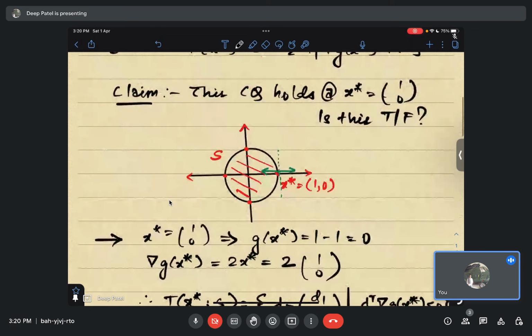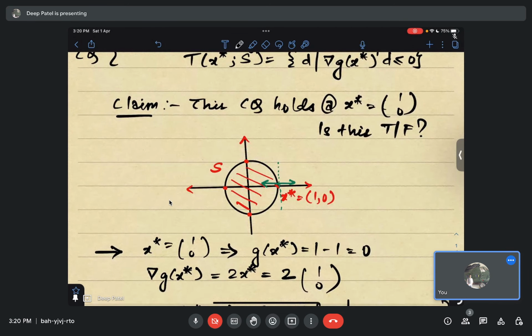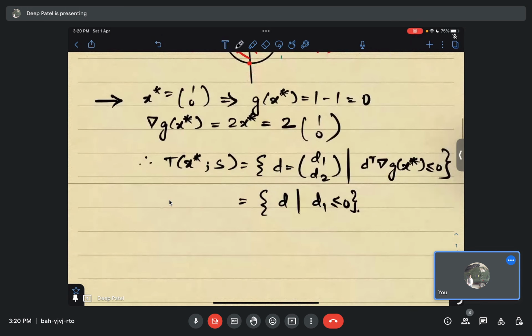So what do we really want to comment on at this point? This itself just shows that we have produced one such tangent cone.